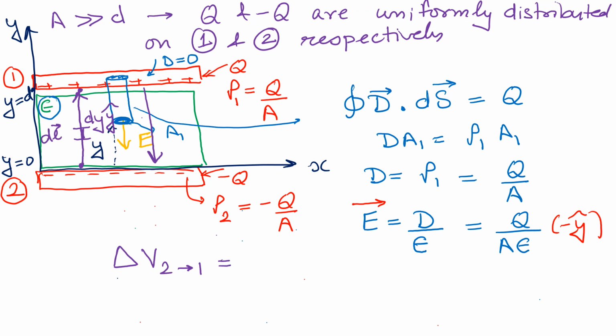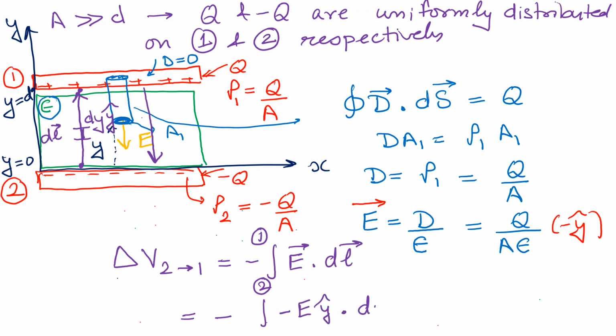So delta V 2 to 1 becomes minus the integral of E dot dl, which I want to do from 2 to 1, and we get minus E y hat dot dy y hat, which is simply E dy, as I go from y equal to 0 to y equal to d.